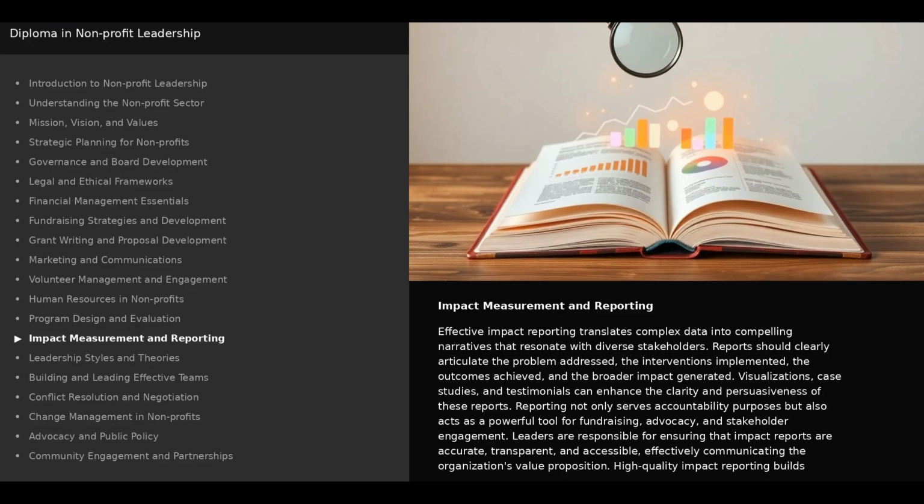Reporting not only serves accountability purposes, but also acts as a powerful tool for fundraising, advocacy, and stakeholder engagement. Leaders are responsible for ensuring that impact reports are accurate, transparent, and accessible, effectively communicating the organization's value proposition. High-quality impact reporting builds credibility, attracts support, and drives continuous improvement.